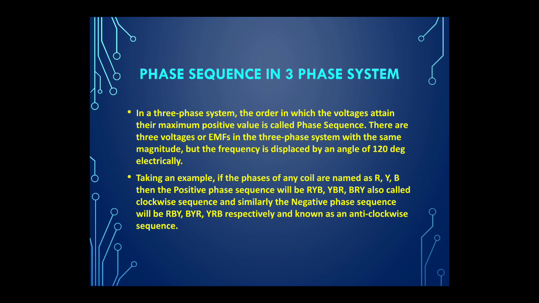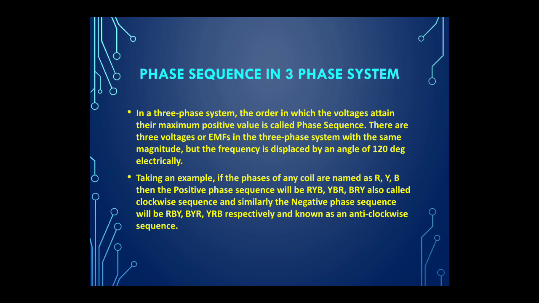Similarly, the negative phase sequences are RBY, BYR and YRB, known as the anti-clockwise sequence. So the negative sequence is just opposite of the positive sequence.